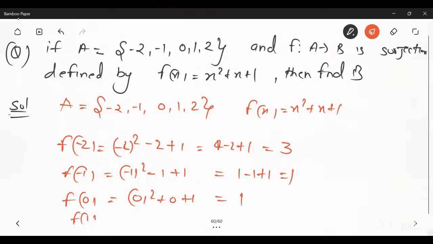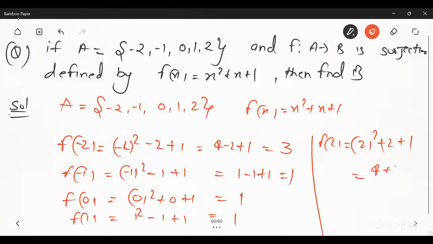You will get 1 square plus 1 plus 1, so on solving you will get 3. F of 2, on solving you will get 2 square plus 2 plus 1, so 4 plus 2 plus 1 equal to 7.